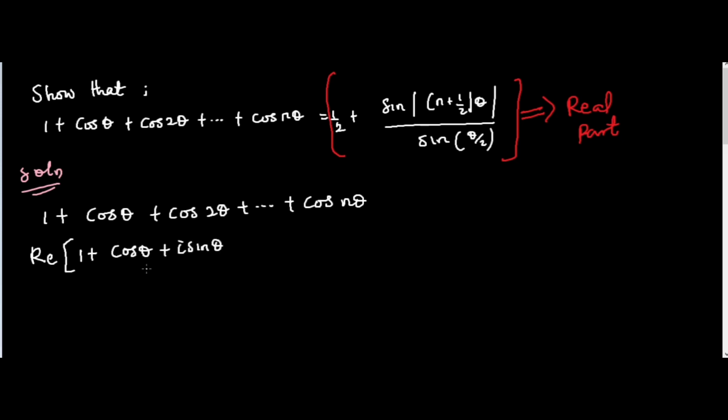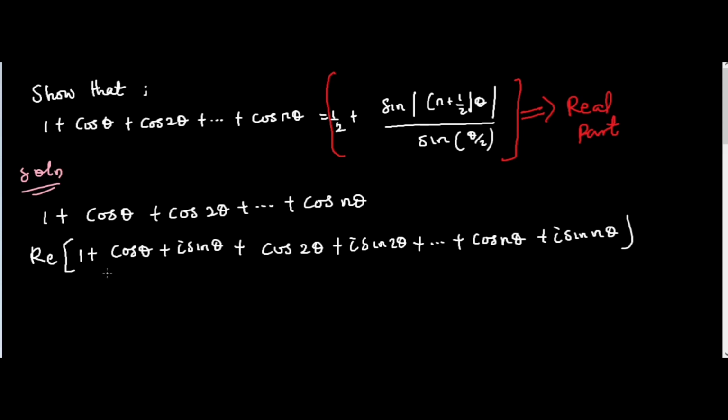Exactly, because this is just picking the real part of this particular point, plus cos 2 theta plus i sine 2 theta. That's clear, right? Then on and on to cos n theta plus i sine n theta. But we're just considering the real part.